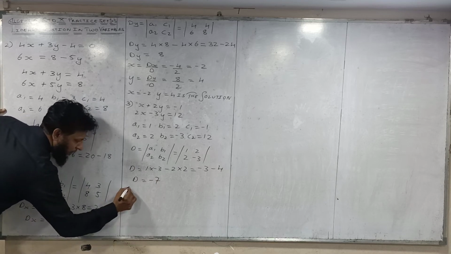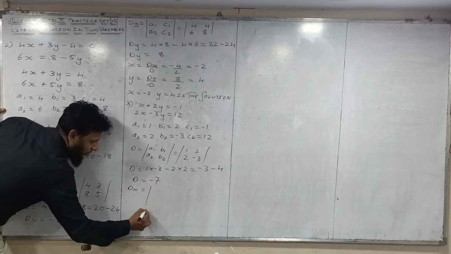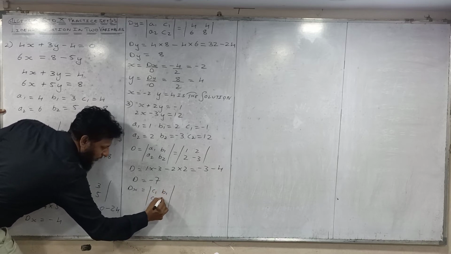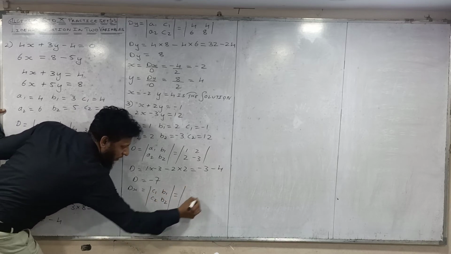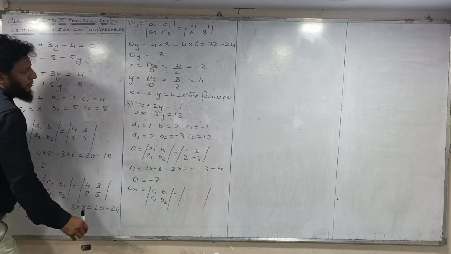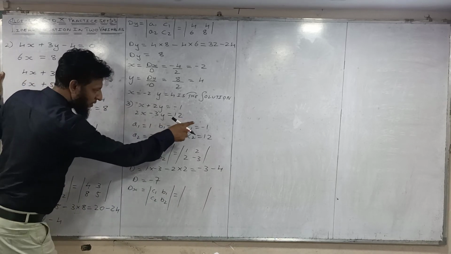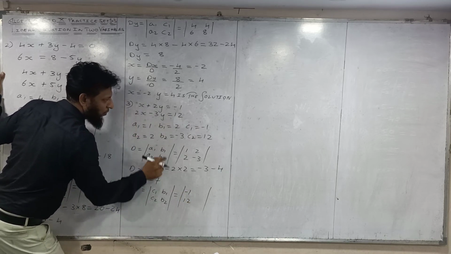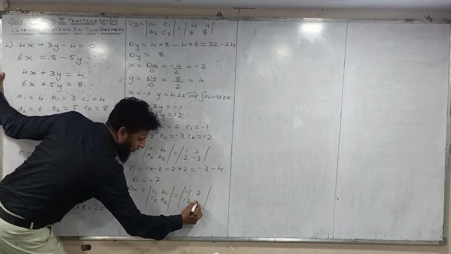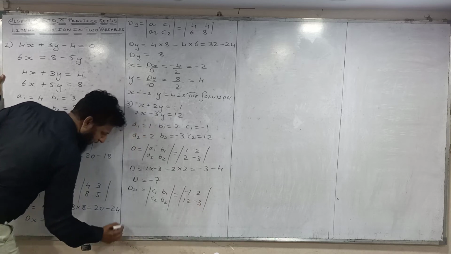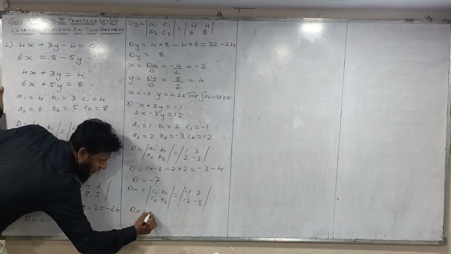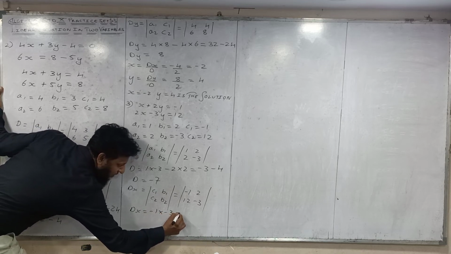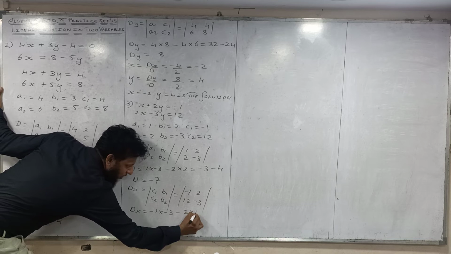Okay. Then find out dx. Formula c1, c2, b1, b2. See in the question c1, c2 are minus 1, 12, and b1, b2 are 2, minus 3. Then determinant x is equal to minus 1 multiply by minus 3, put minus sign, 2 multiply by 12.